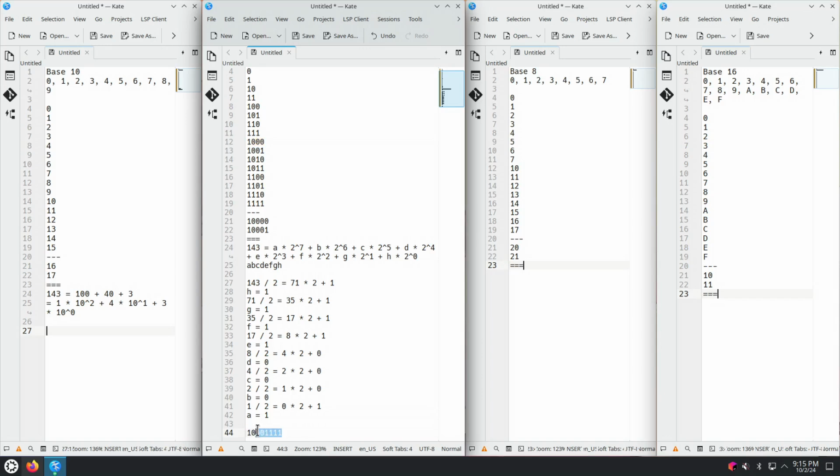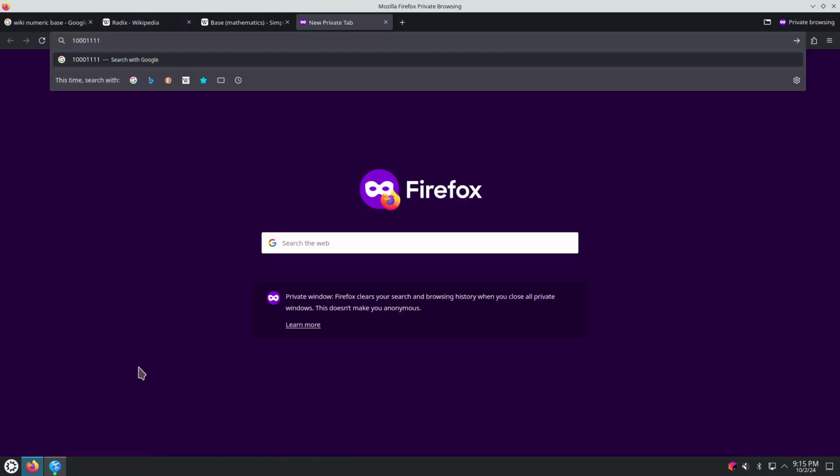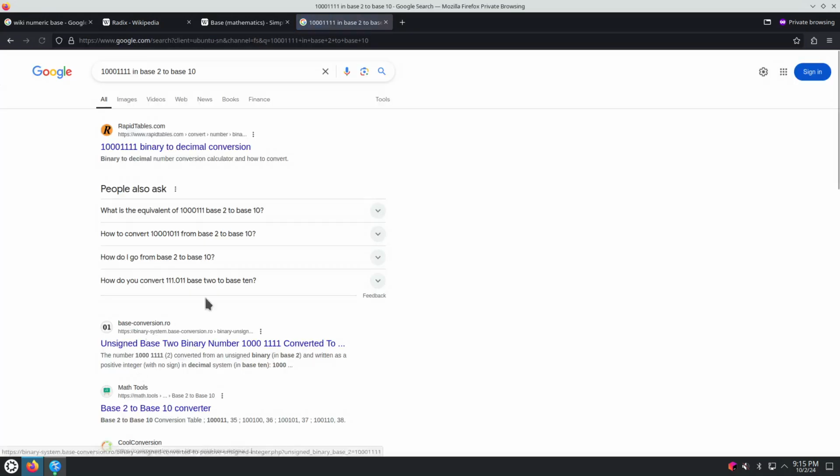We can use Google for that probably. Let's see. Base 2 to base 10. Google did not learn yet these things.